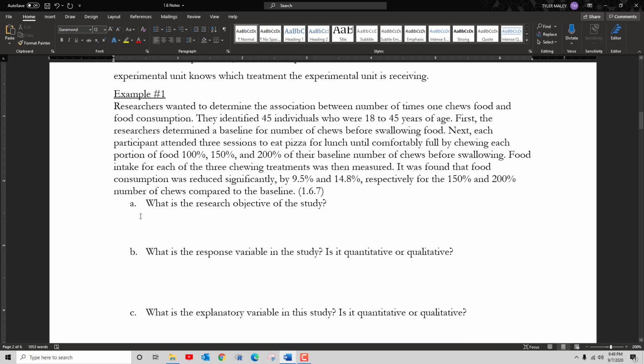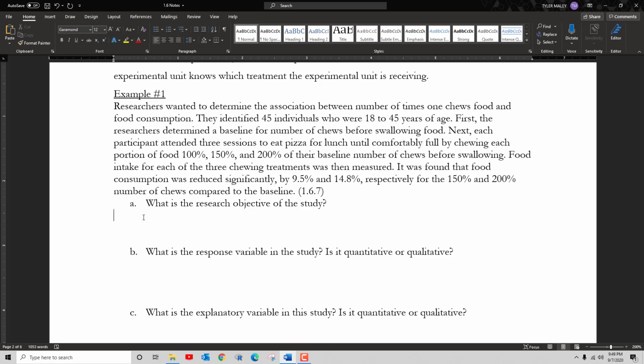So I have here an example. Researchers wanted to determine the association between number of times one chews food and food consumption. They identified 45 individuals who were 18 to 45 years of age. First, the researchers determined a baseline for a number of chews before swallowing food.